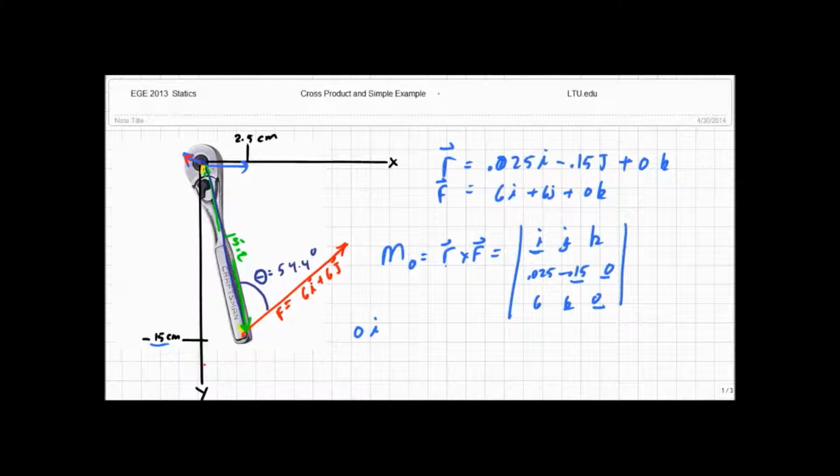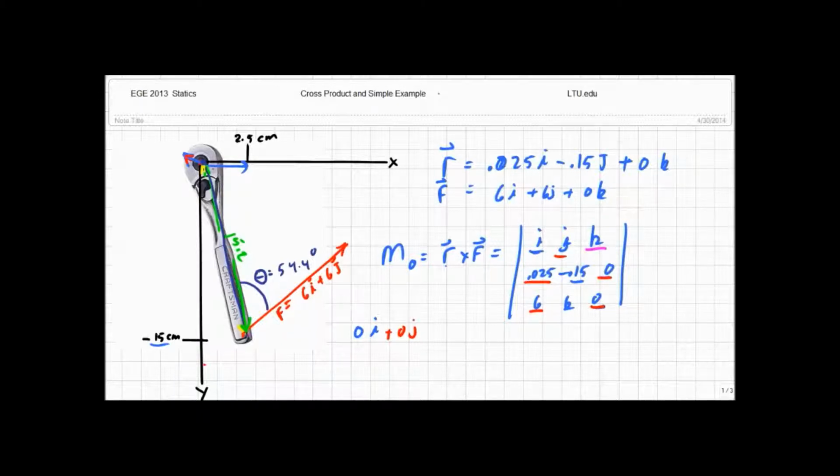And if I look at multiplying out the J term, it's 0.025 times 0 minus 0 times 6. Again, that's 0, which we'd expect.